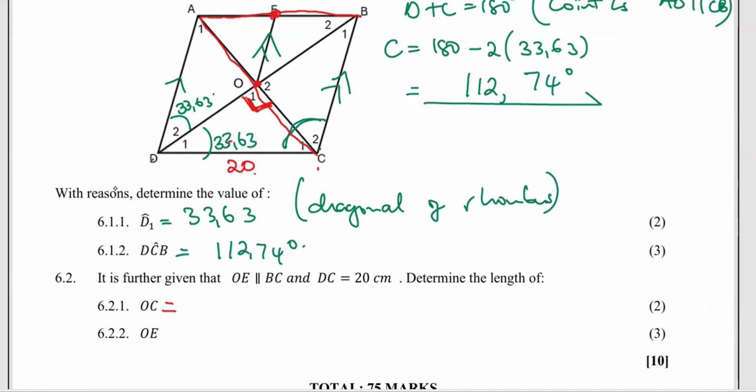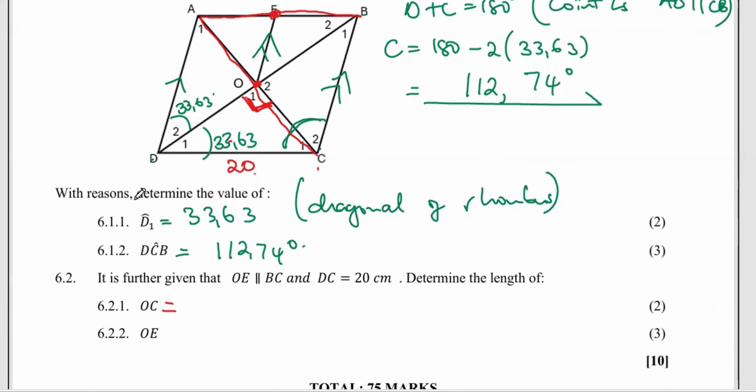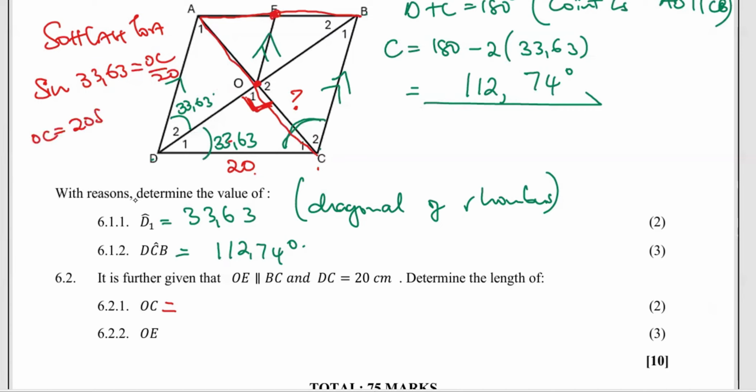We're looking for the opposite, we have the hypotenuse, so we're going to use the sine. The sine of 33,63 should give us the opposite, which is OC over 20, meaning OC is 20 sine of 33,63.